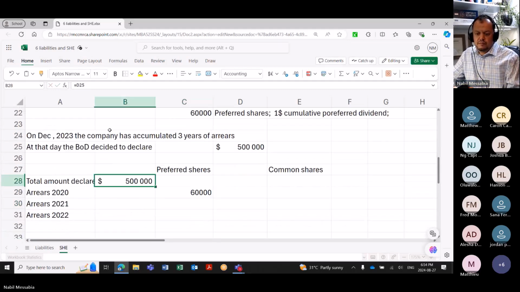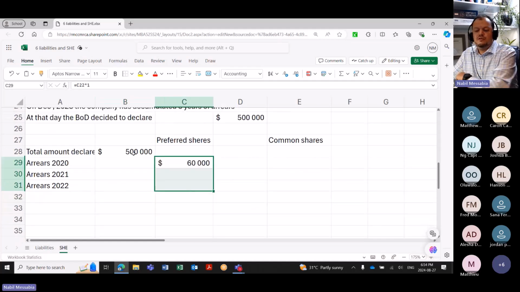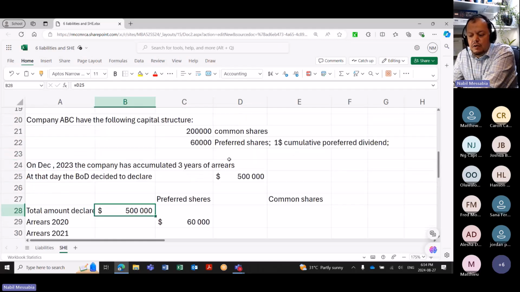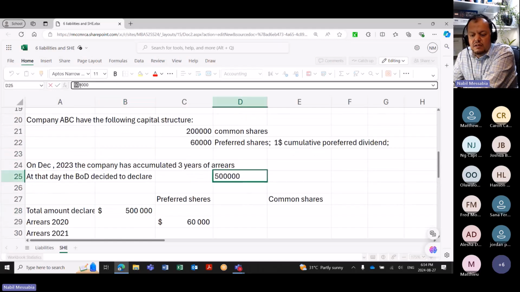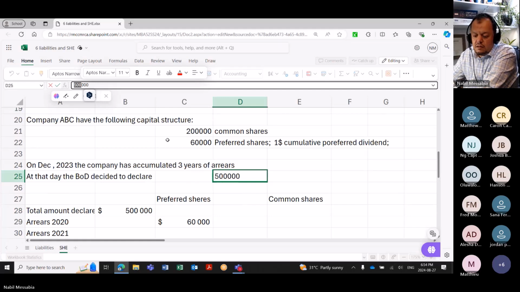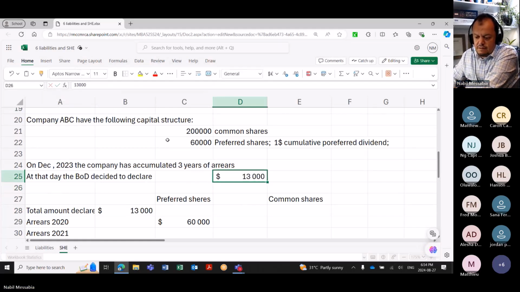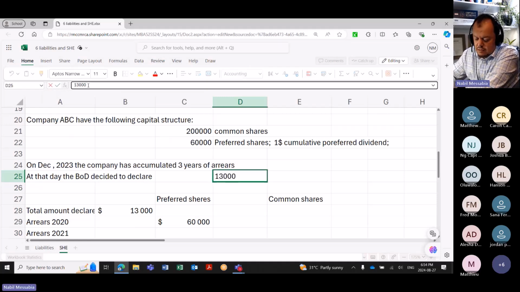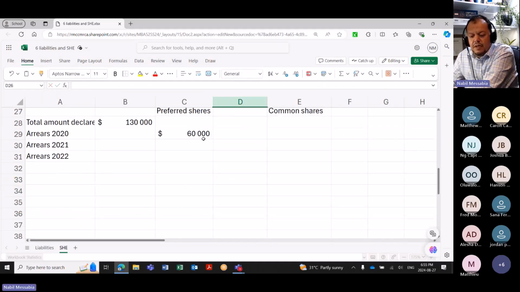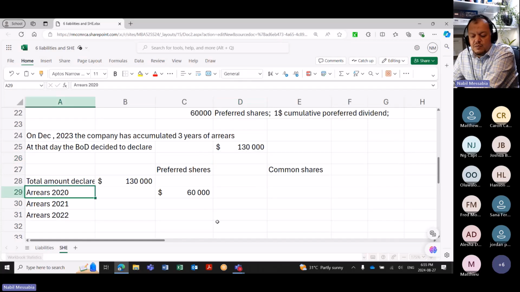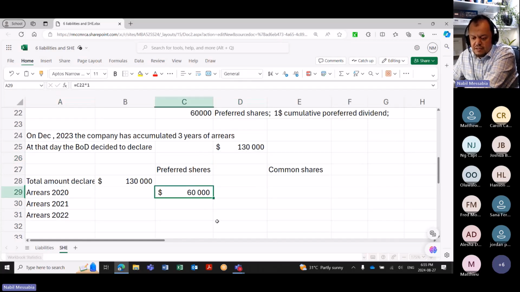Or maybe to make it more interesting, let's make the declared amount lower than this. Let's make it 130,000. Okay, so we'll first pay arrears of 2020, $60,000. Do we have enough to pay the next arrears?